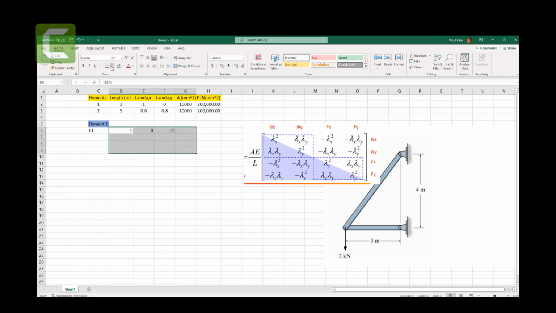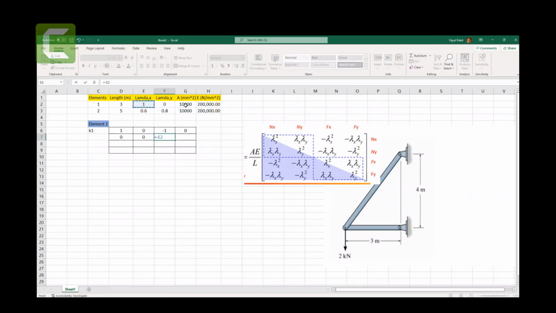We can do the 4 by 4 with just the border, and do it this way. Minus lambda x, minus lambda y, and lambda x lambda y. Then lambda x times lambda y, and lambda y square, equal to lambda y square. So that's all good.